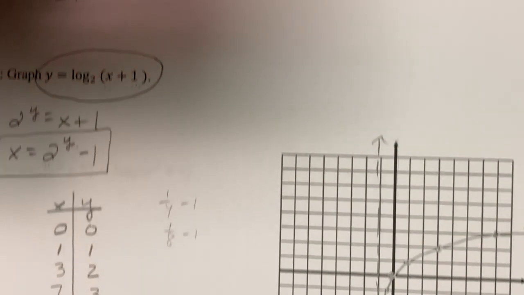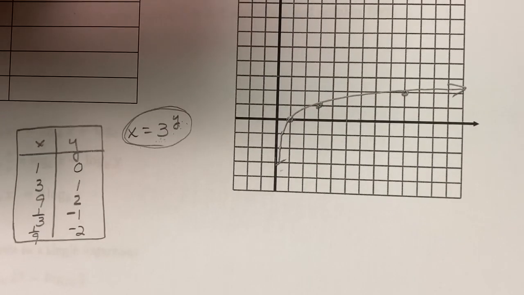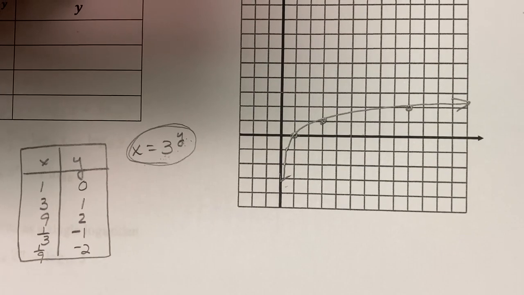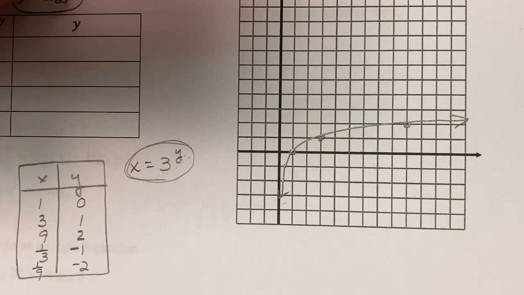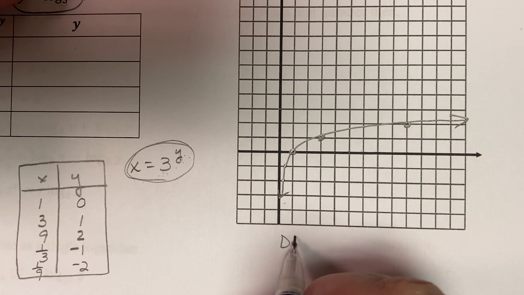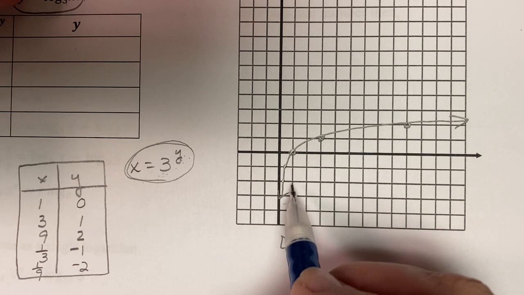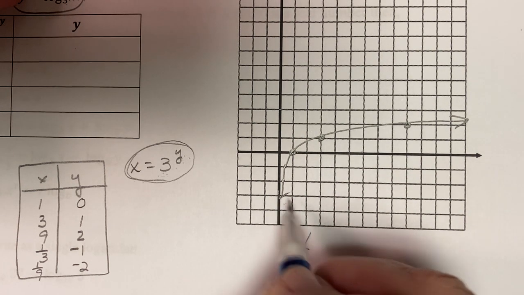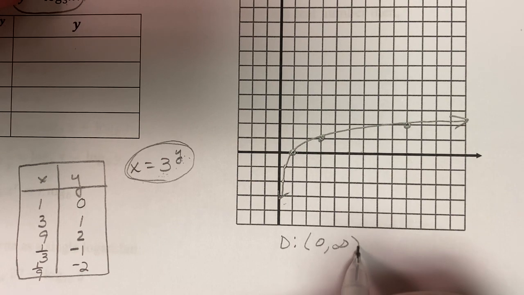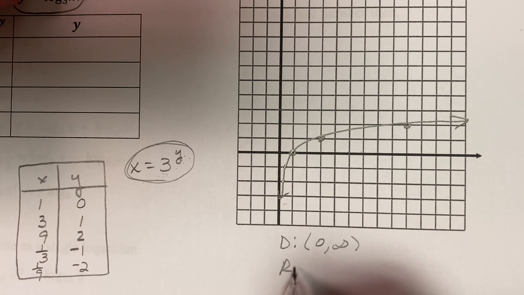Let's just take a quick peek up here as well and do the domain and the range. This one didn't have the shift. So the domain, do you see the domain here would be from 0 to infinity? And your range would be from -infinity to +infinity.